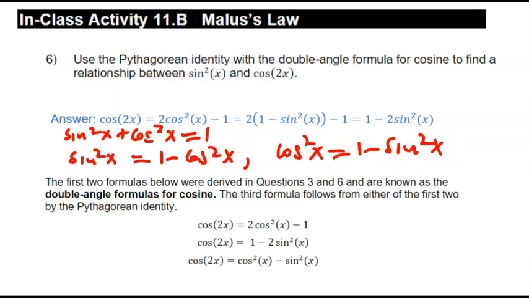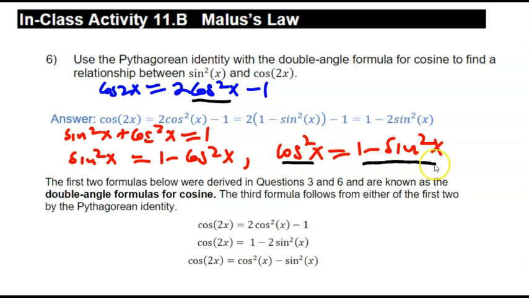And so having cos 2x equal to 2 cos squared x minus 1 from our previous relationship, we can just replace cos squared x by 1 minus sine squared x.